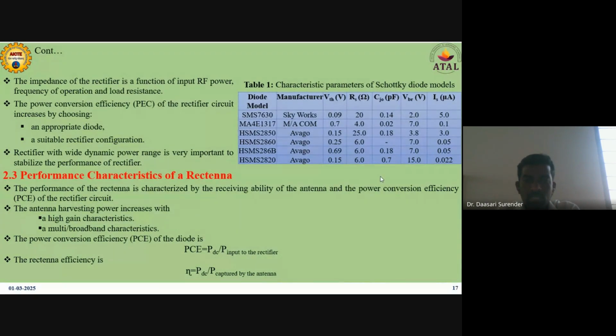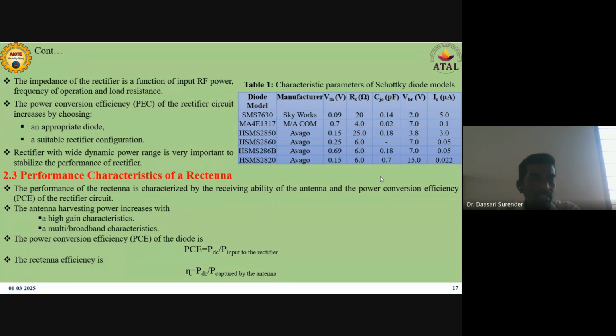In choosing the diode for the rectifier design, we must consider the available energy levels. If the available energy is high, we must choose a diode having a large breakdown voltage. Otherwise, the diode function may stop because of the high power levels in the ambient environment.